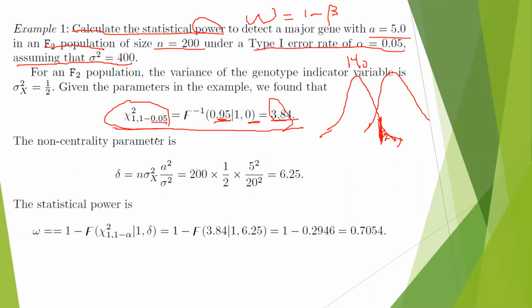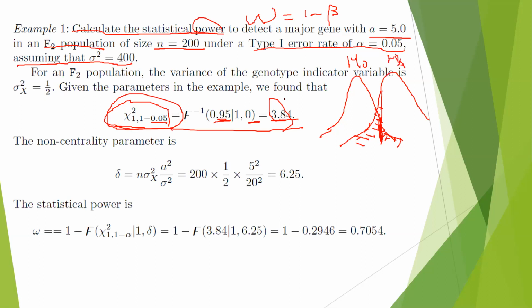All right. Now once you have this cutoff, it is also associated with the beta, right? So this is the area of the beta, considering the alternative hypothesis.